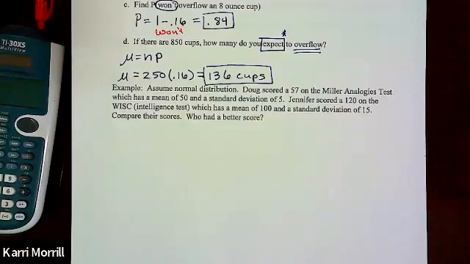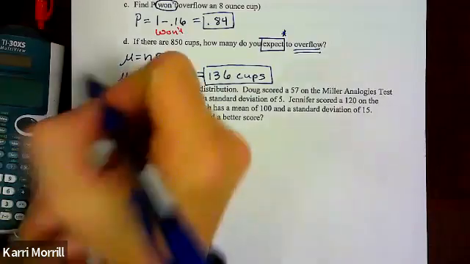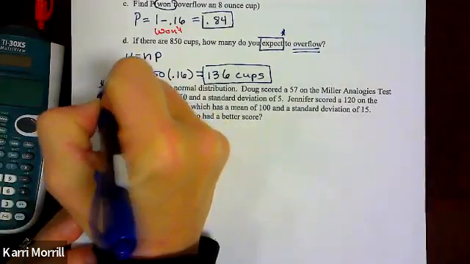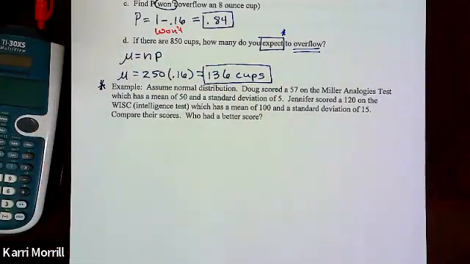Compare the score. Who had a better score? And so we're not going to be able to really answer who had a better score. It leads us into our next unit. But I want to show you what this means now.